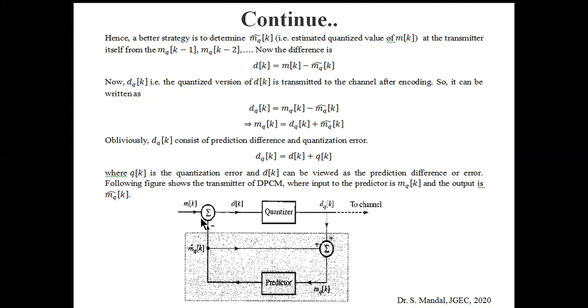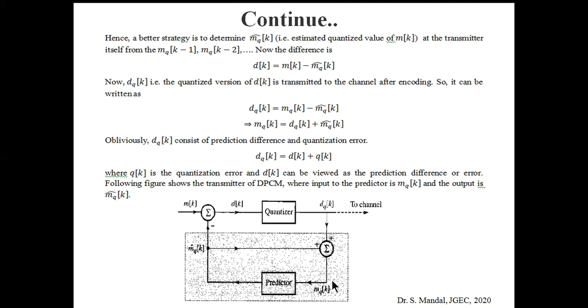As per this equation, in the subtractor portion the input will be mqk cap. So if we use another adder where one input is mqk cap and another input is dqk, then if you add them as per this equation, you can get mqk. So mqk equal to dqk plus mqk cap. So ultimately the output will be mqk.